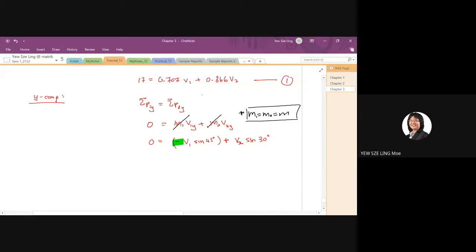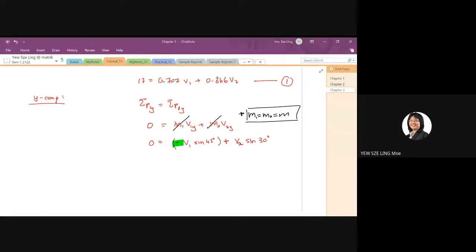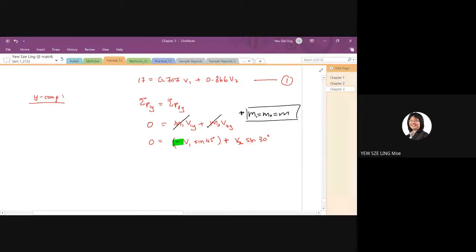All right, next step. Like I told you just now, whenever you have cos or sine angles and you have the values for the angle, you calculate the value first. You don't leave it in sine or cos.